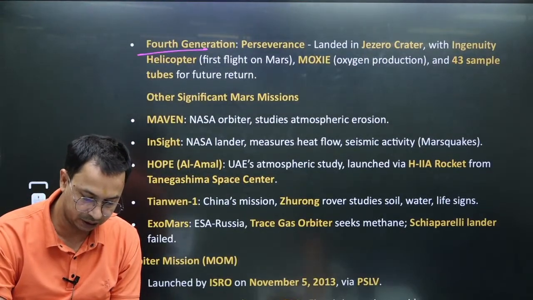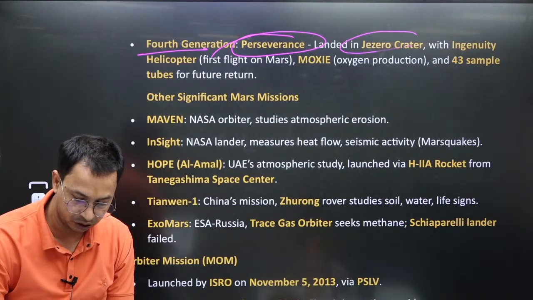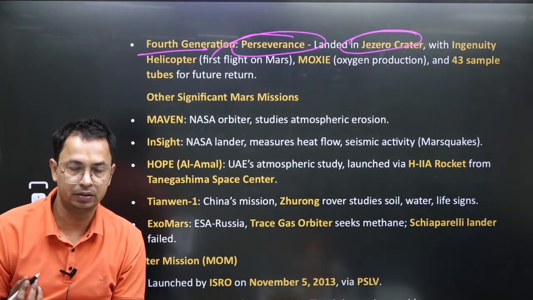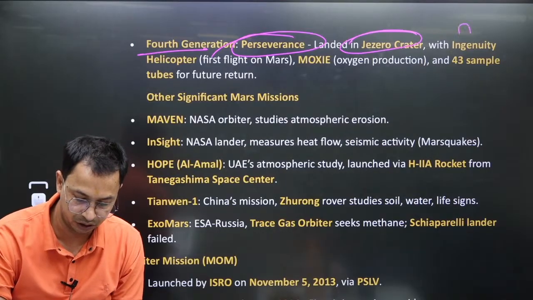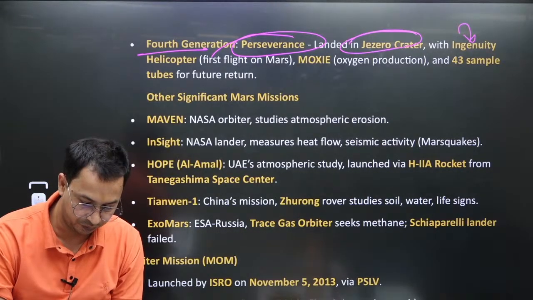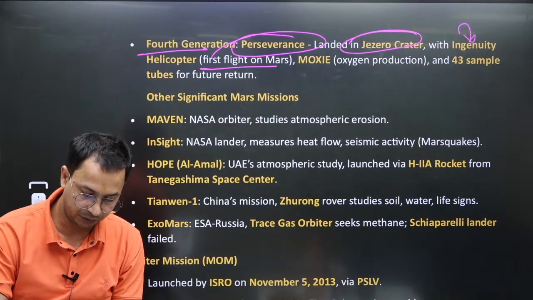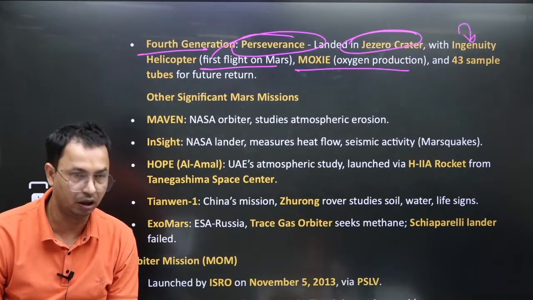Then fourth generation rover, that is your Perseverance rover. Perseverance rover landed on the Jezero crater, and with this mission we also had the Ingenuity helicopter. Ingenuity helicopter flew in the Martian atmosphere, and it also had a device called MOXIE.